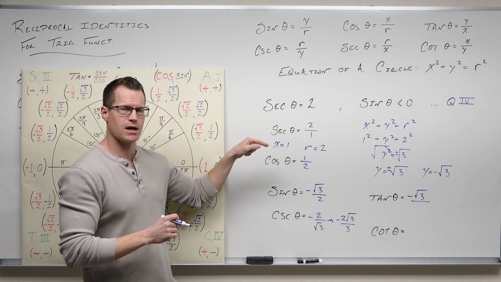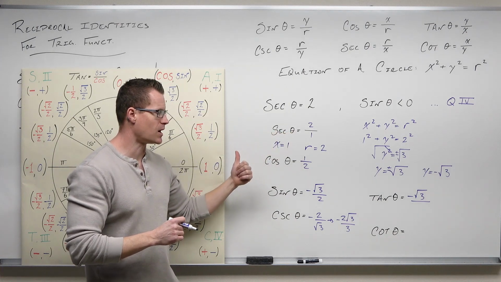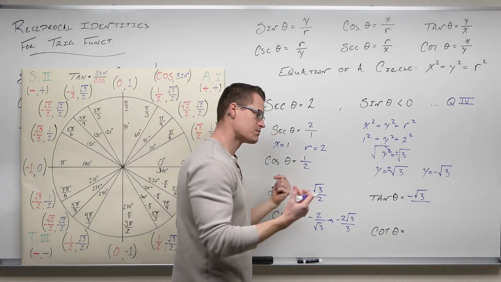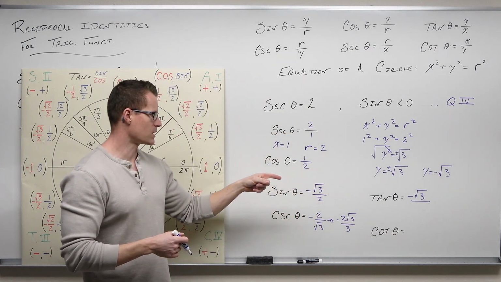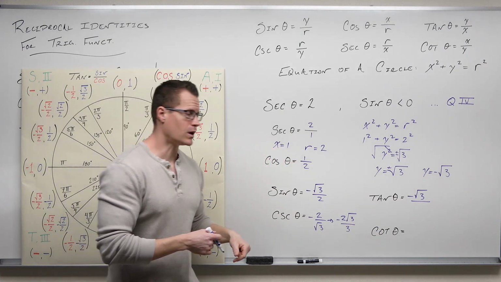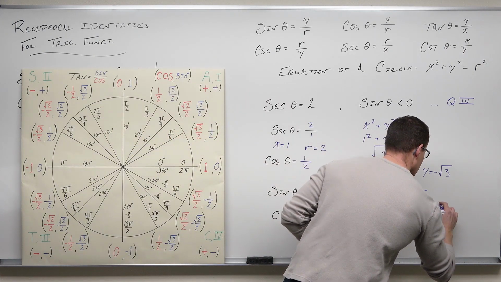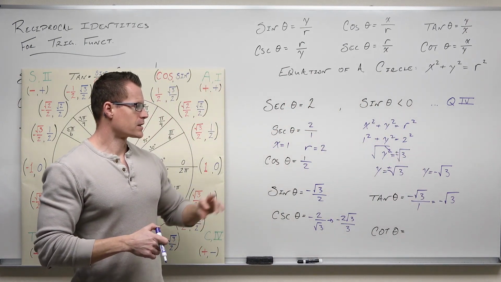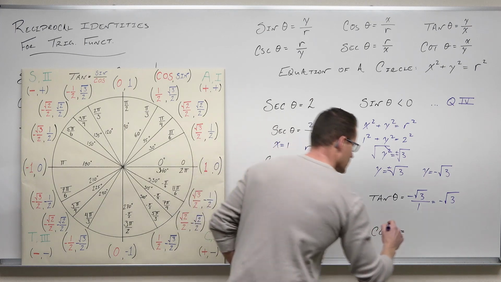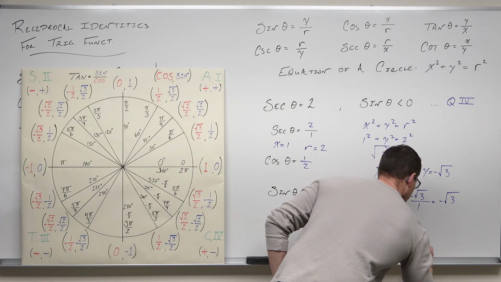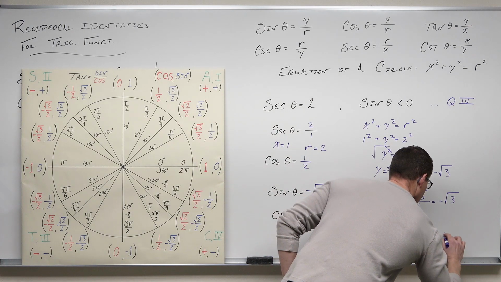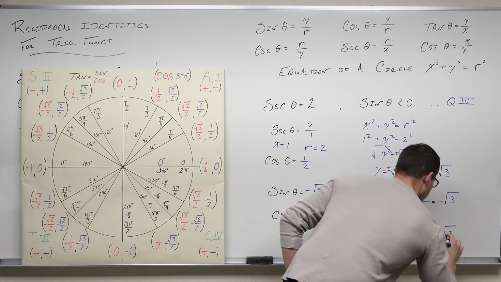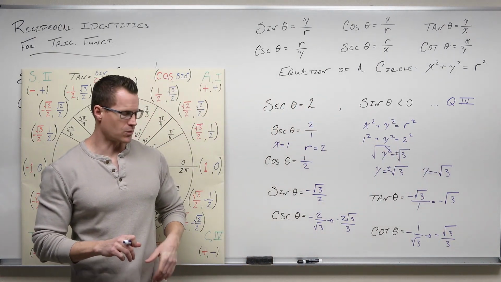Sine's negative, cosine's positive. Negative over positive is negative. That'd be negative square root of 3 over an x of 1. Y over x. Cotangent reciprocates. And after rationalizing, we get negative square root of 3 over 3.